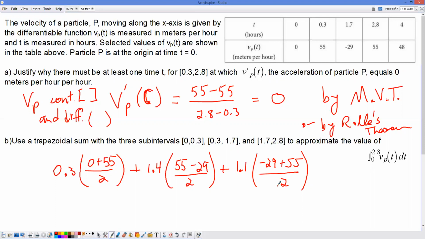Any questions on part B? All right, let's take a look at part C.